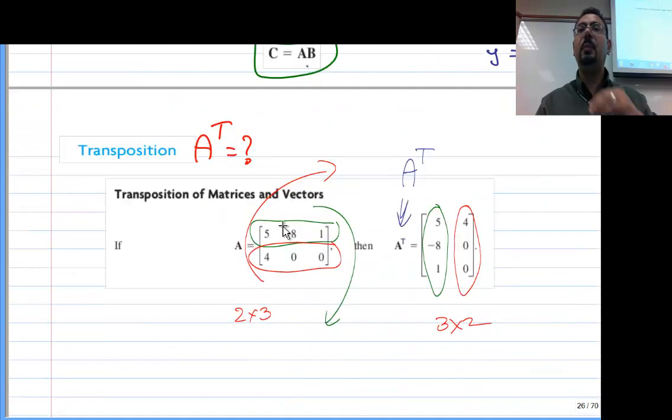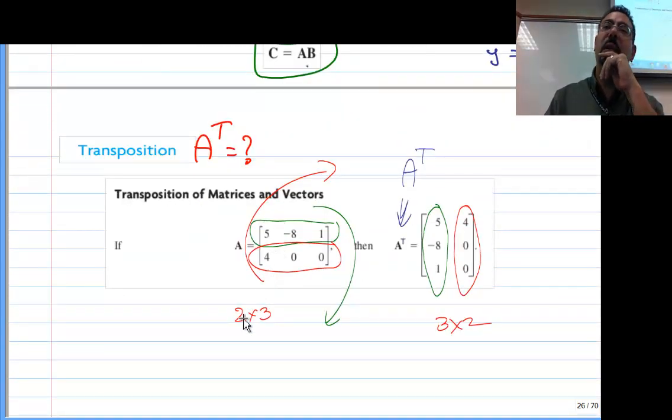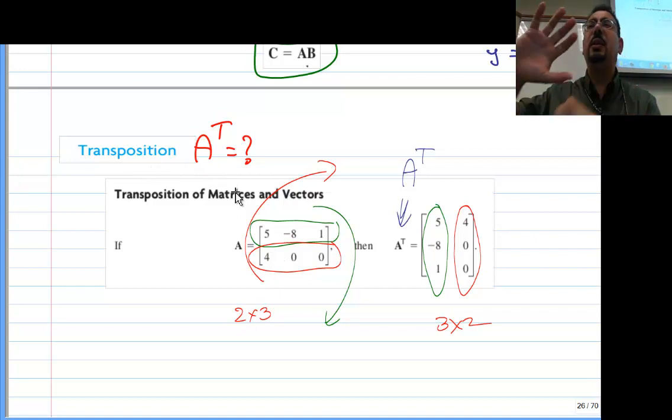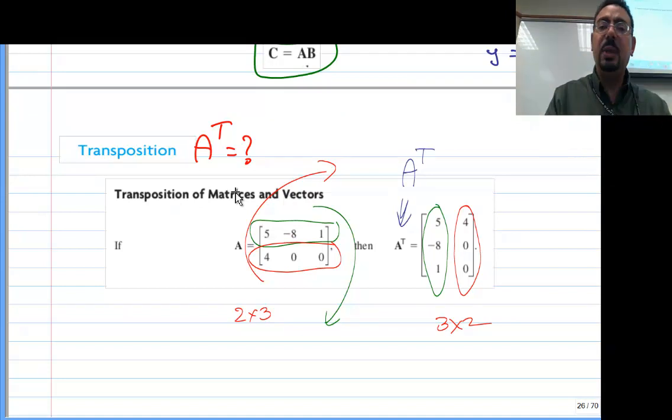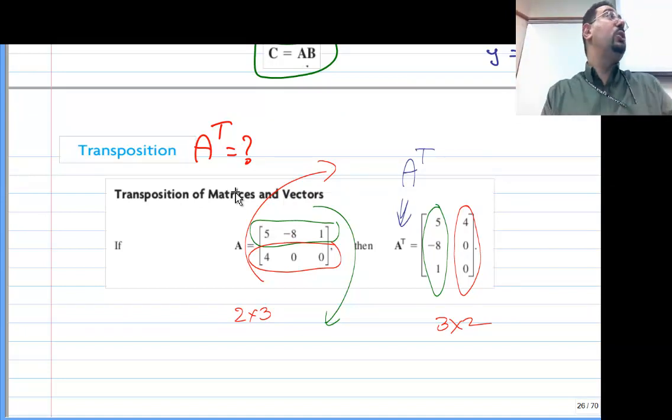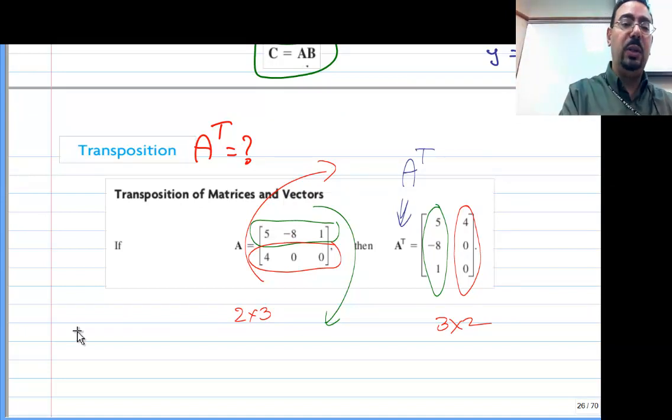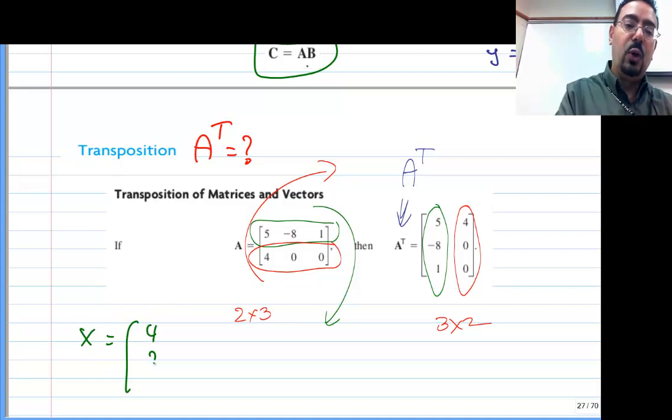Alright. Now one nice thing also to learn is the transposition. So this is basically rotating the matrix. Some books use it just to save space, especially textbooks. They say the x vector is 4, 2, and 1.